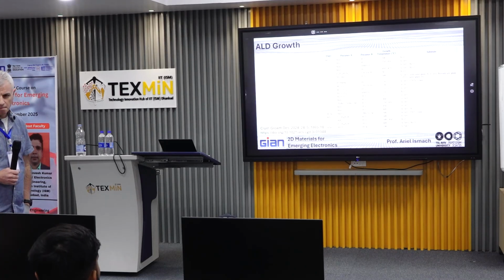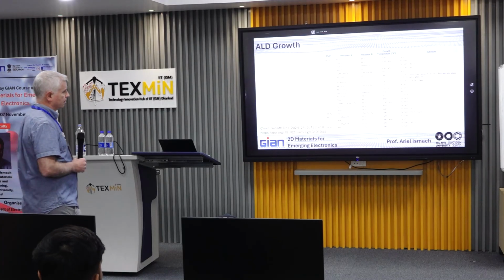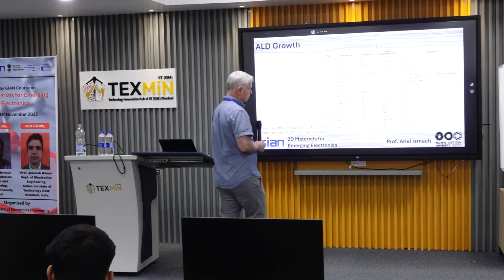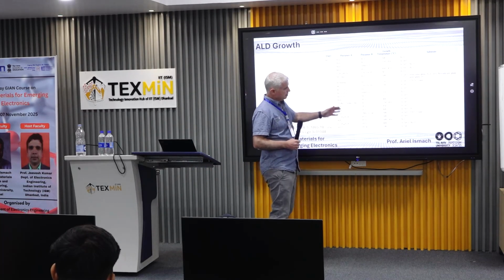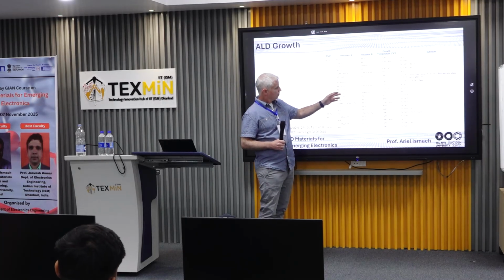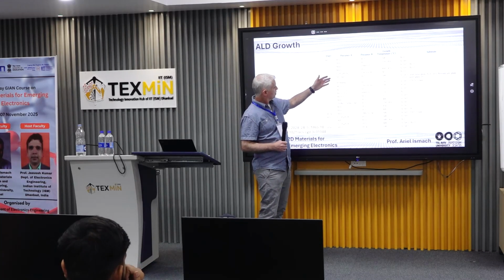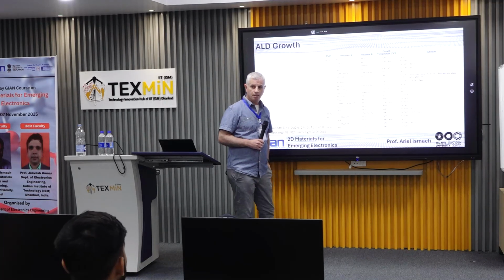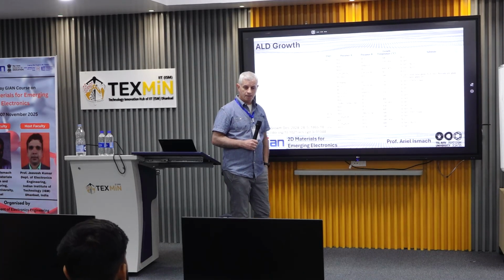So what material are we ultimately interested in, only the TMD material in this table? I'm not sure that I understood this question. Yes, these recipes were reported for the growth of MoS2, molybdenum and sulfur. So it is growth of MoS2 on the substrate by the ALD process.